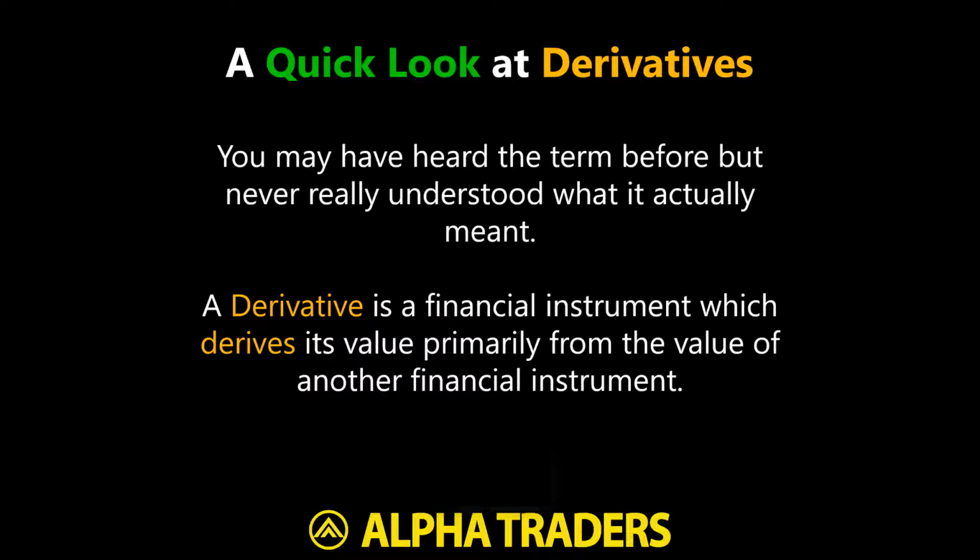A derivative is a financial instrument which derives its value primarily from the value of another financial instrument. Now, if that sounds a little crazy to you, it basically means that a derivative is a contract. We'll talk about that in the next slide, but from that contract, it gets its value from something else. For example, let's say that we're trading wheat and we're trading wheat futures.